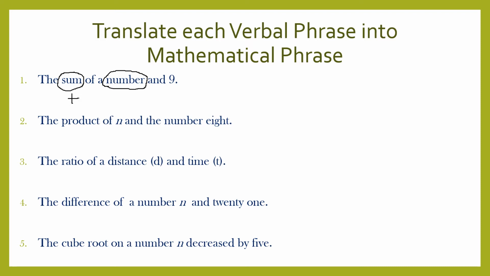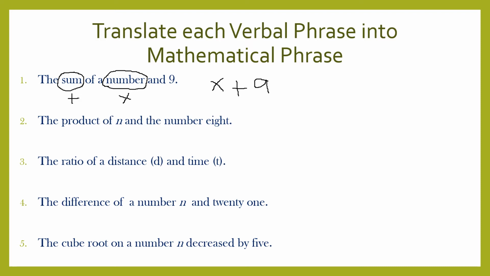So, let's say this number is x and 9. Now, translate this one, the sum of a number and 9. So, we have the number plus 9. That is the sum of a number and 9.